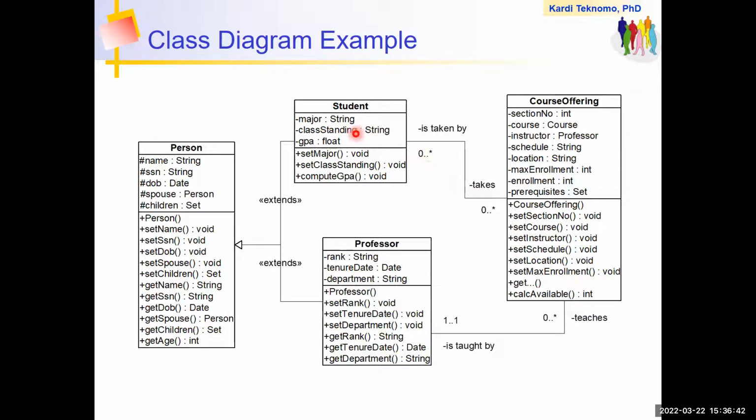So one student can take zero or many course offerings, right? And zero or more students can take one course offering. This is the multiplicity. Later we'll discuss it.